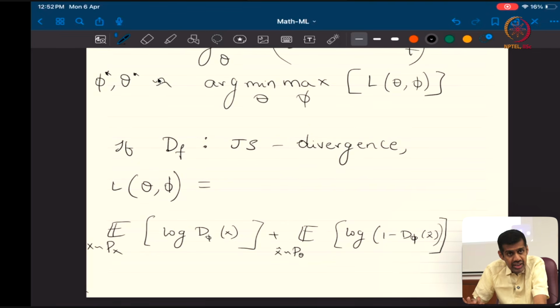Yeah, for this particular case of the divergence metric, L theta phi will take this particular form.